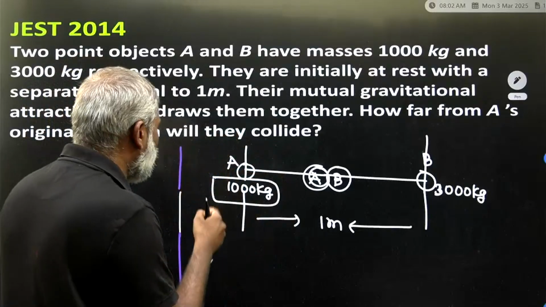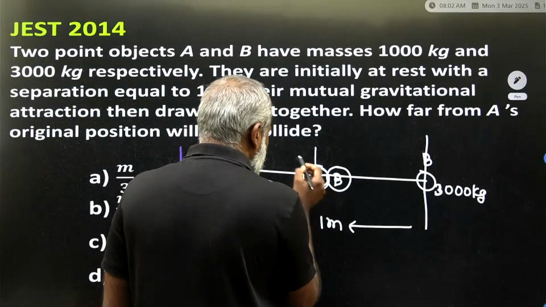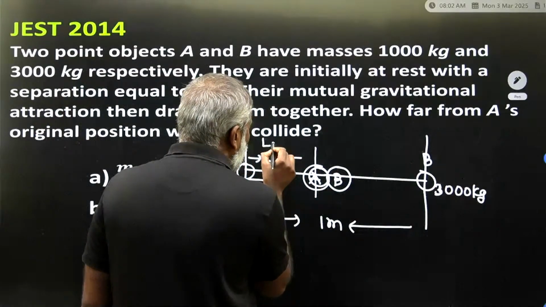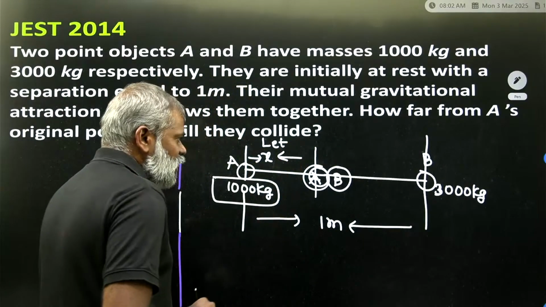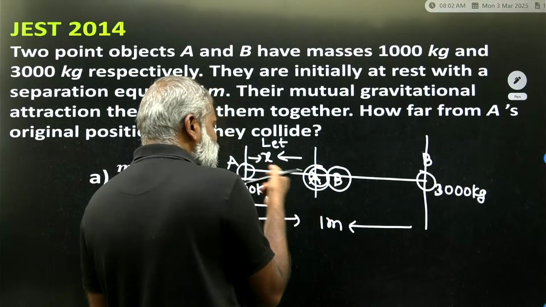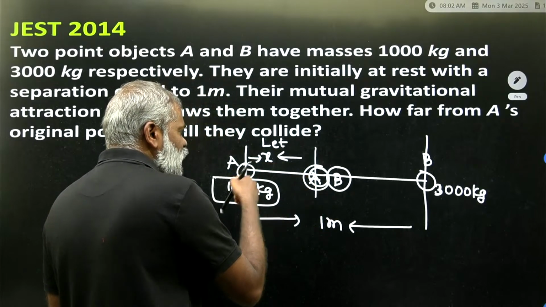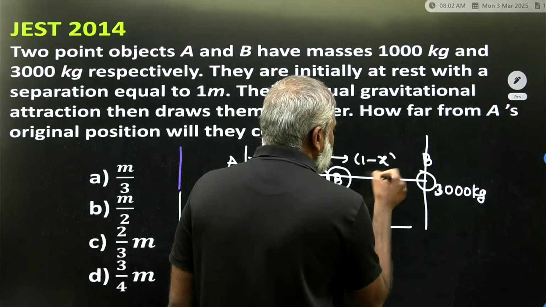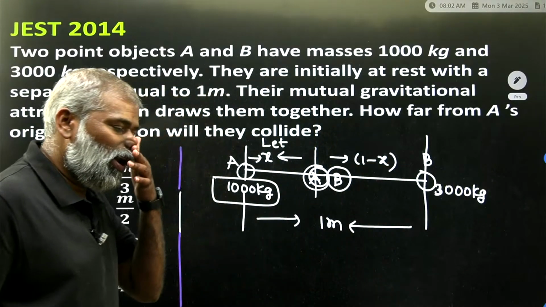How far from A's original position will they meet? Take it as x. If A moves x from its original position, then B moves 1 minus x.